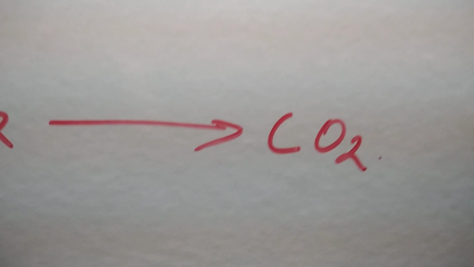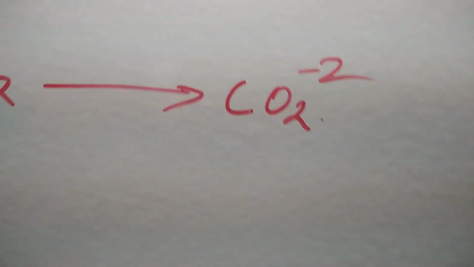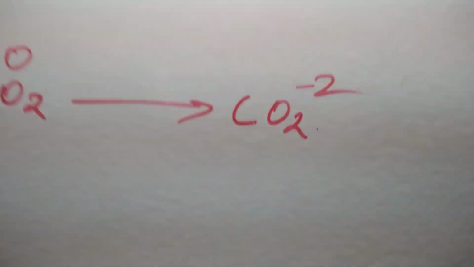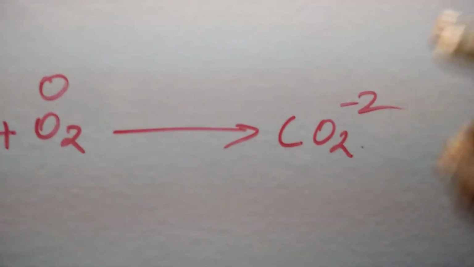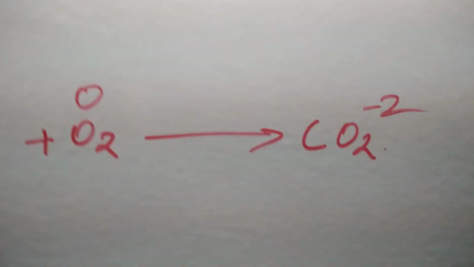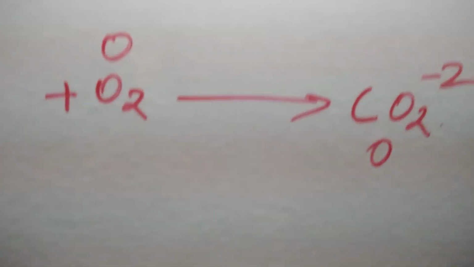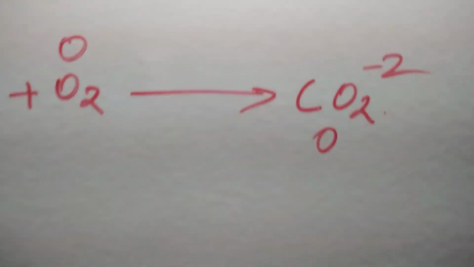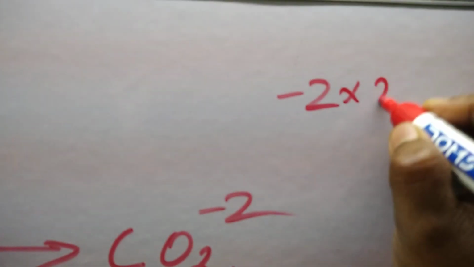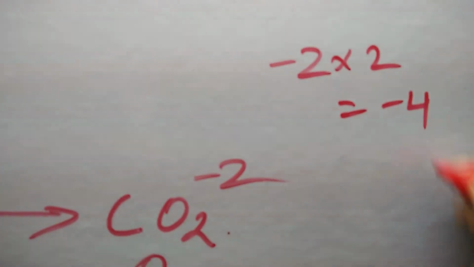Okay, students, so we know the charge of oxygen. Yes, that is minus 2. Right or wrong? Right, students? So now let's see. To make it 0, we need to calculate. See how many oxygen are present here? 2 oxygen. That means minus 2 into 2 becomes minus 4.